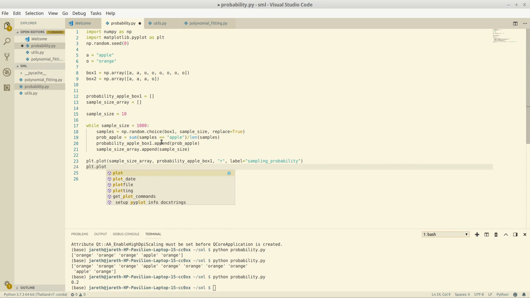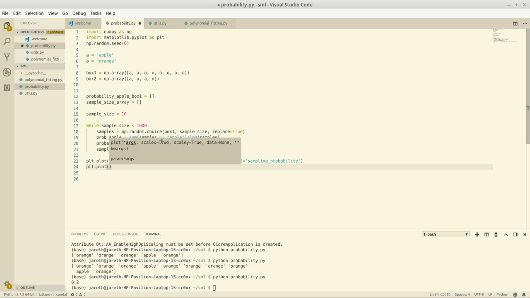Let's also plot at the same time. We know what the true probability of an apple is, so I'm just going to put 0.25 here. We know that that's the true probability. We just want to compare how the true probability and sampling probability compare with each other. So let's plot this times the length of the sampling size array.